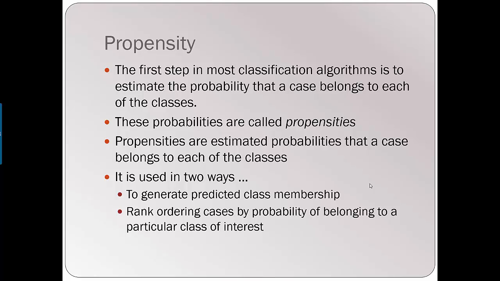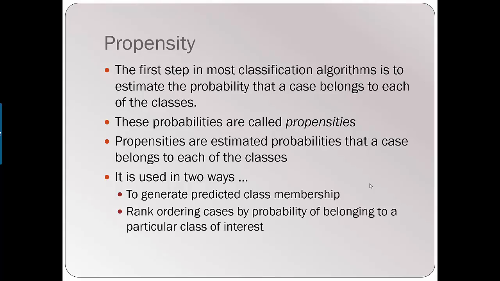If propensity is 0.5 or more, then we will classify the observation as an event, that is class equal to 1. If the propensity is less than the cutoff value, then we will classify the observation as a non-event, or class equal to 0. So that is one way of using the propensities.